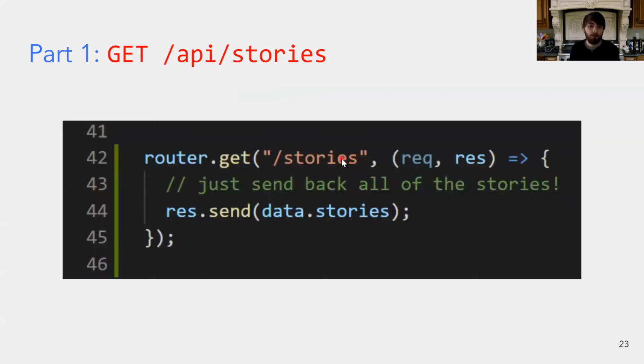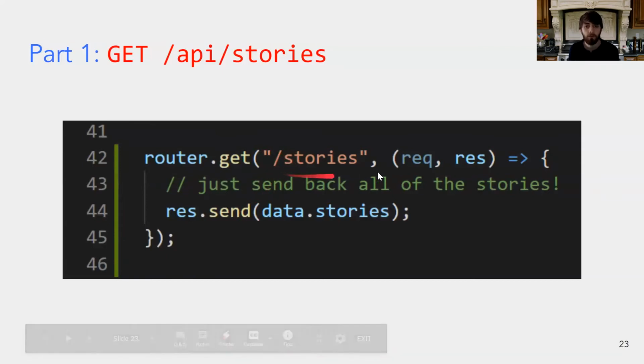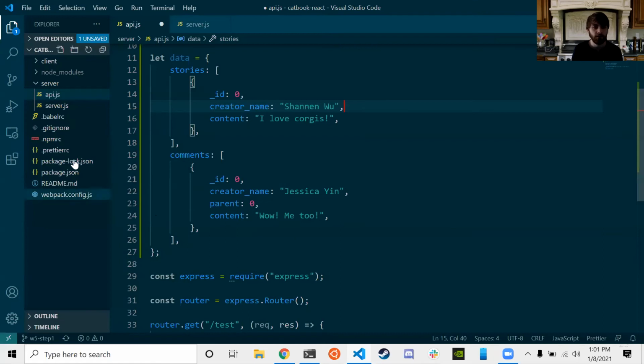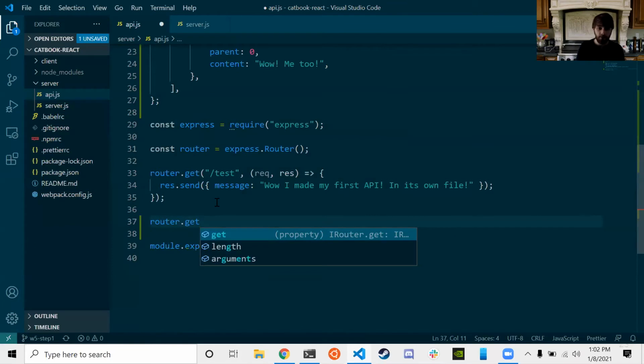And so to send back all the stories in our API, all we have to do is add another endpoint. Instead of /test, we're going to have /stories that sends back the stories object. So over here in api.js, below this test here, we'll have router.get, because this is a get request.